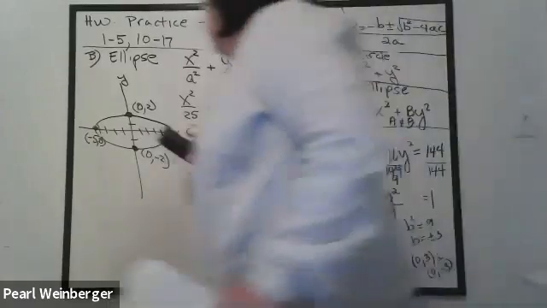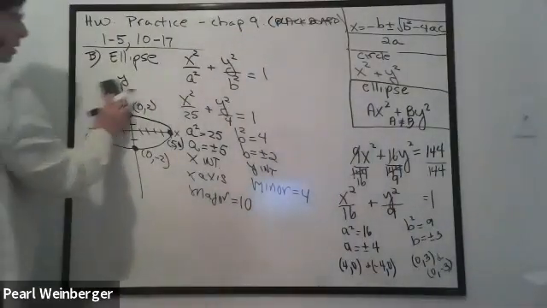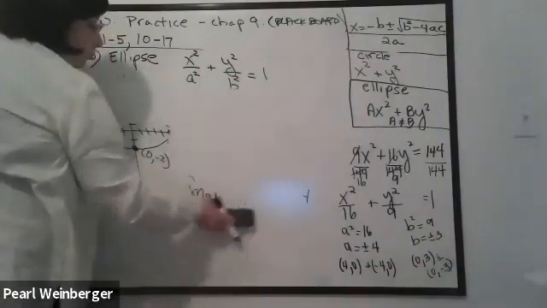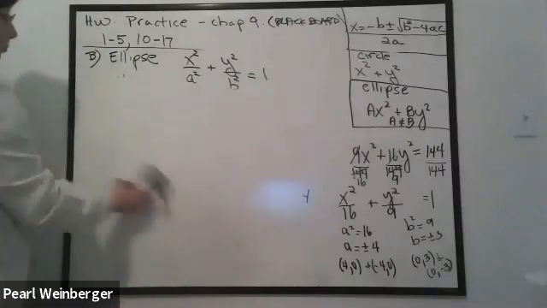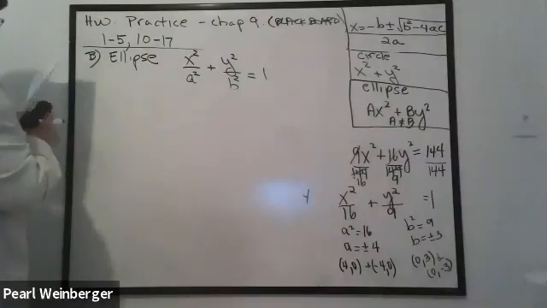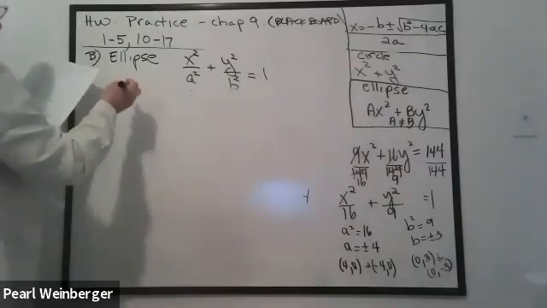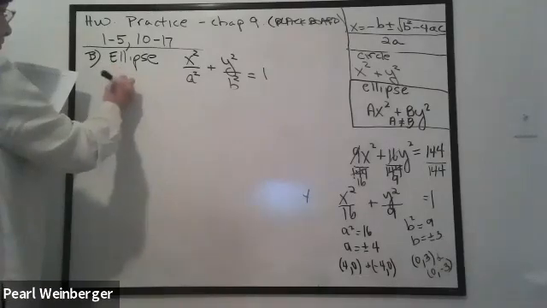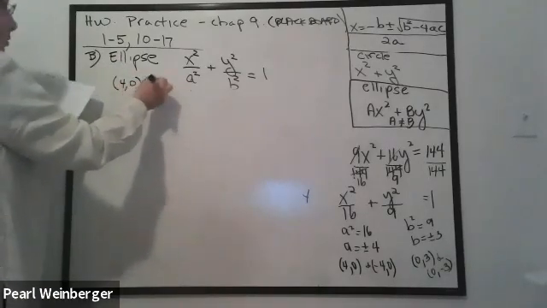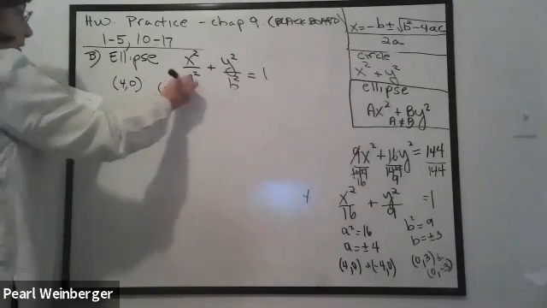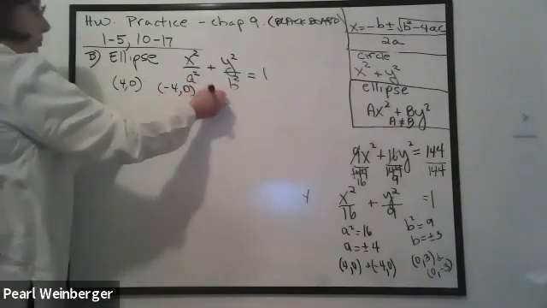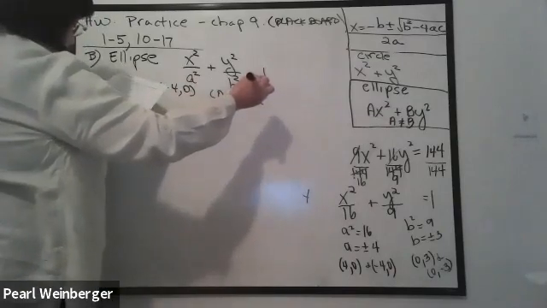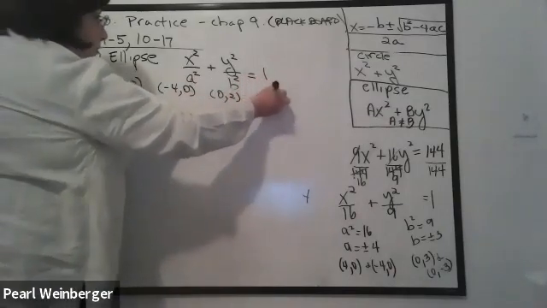Here's the question. I want you to give me the equation of the ellipse with the following intercepts: (4, 0), (negative 4, 0), (0, 2), (0, negative 2).